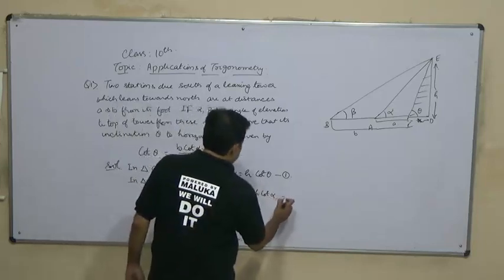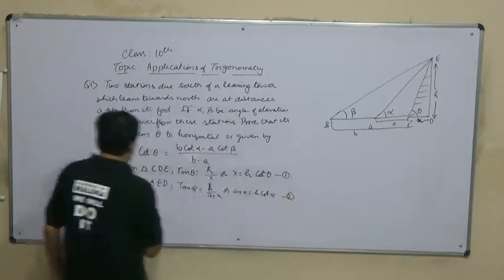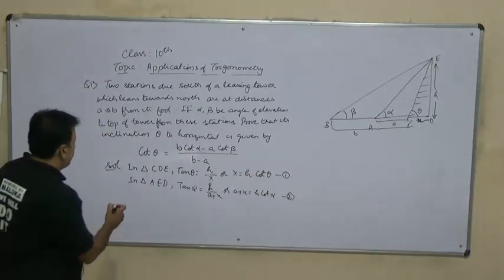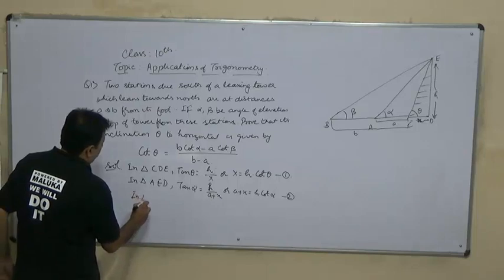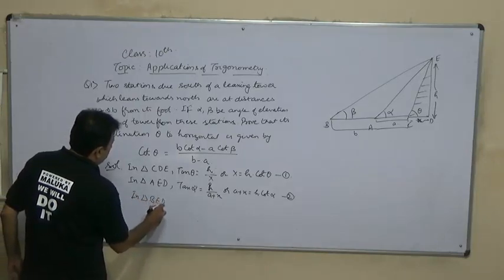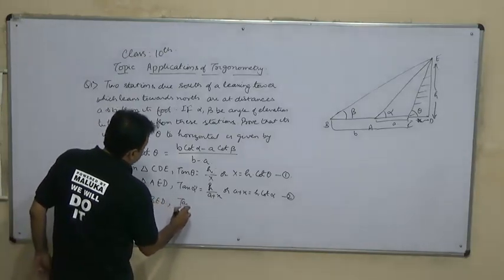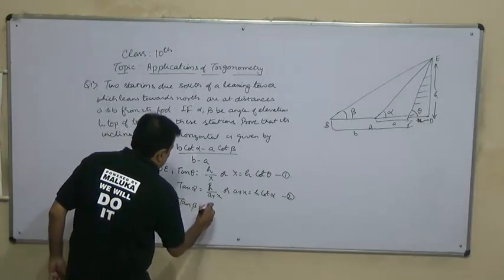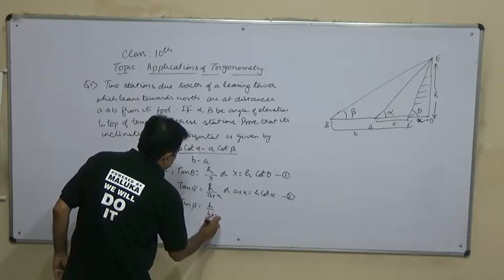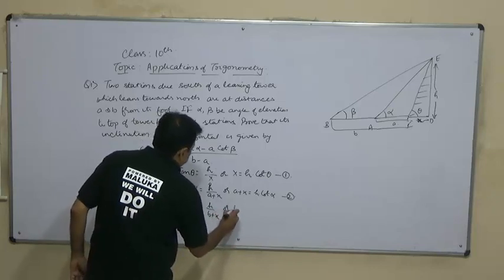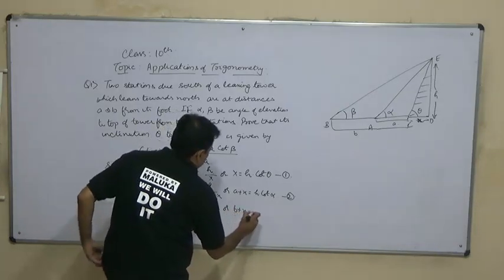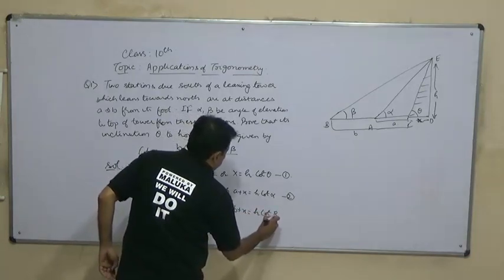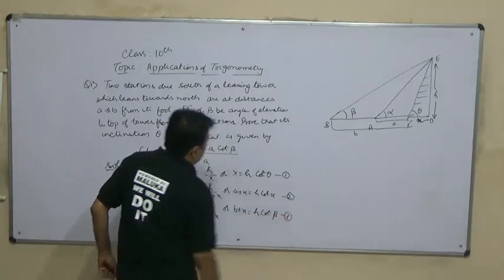This is the second equation. Then the third triangle we take is BED. In triangle BED, we have tangent beta is equal to H upon B plus X, or B plus X is equal to H cot beta. This is the third equation.